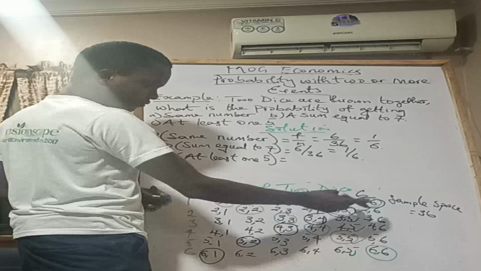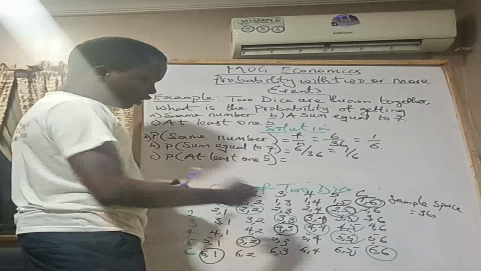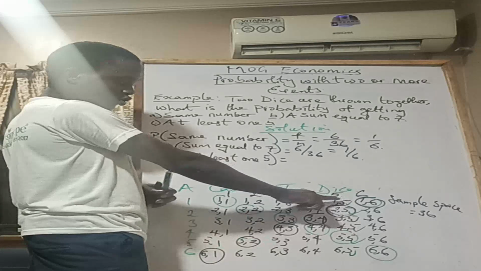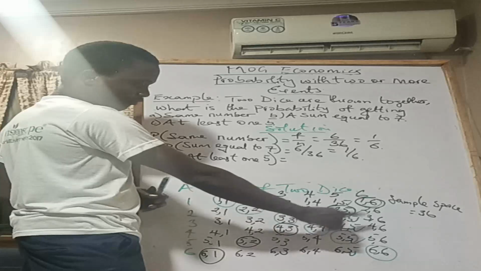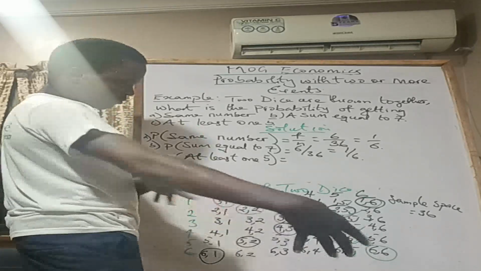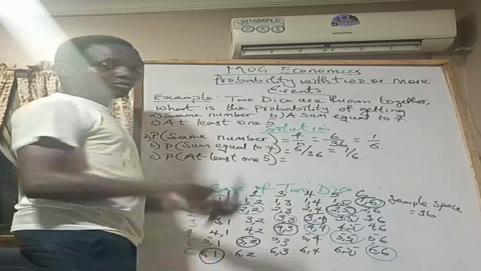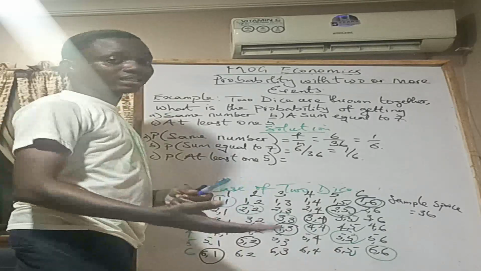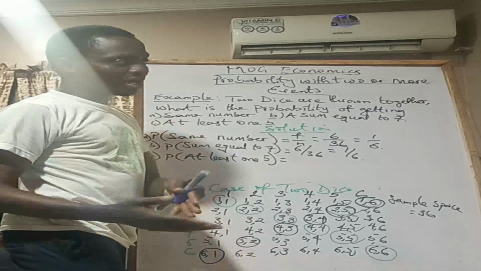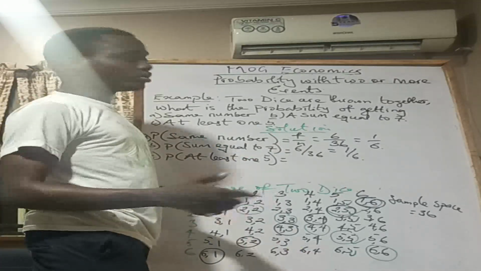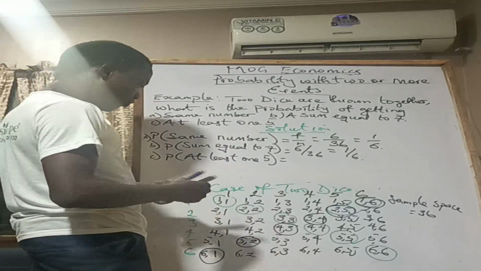So you still have 1, 2, 3, 4, 5, 6. This is at least one 5. This is just 1, 5. This is just 2, 5. This is 3, 5, 4, 5, 5, 5. So 5 of them would have at least one 5. Then there is one that's going to have two 5s, because the question said at least one 5, right? So it's either you have a 5 on one and not on the other, or you have a 5 on both dice.